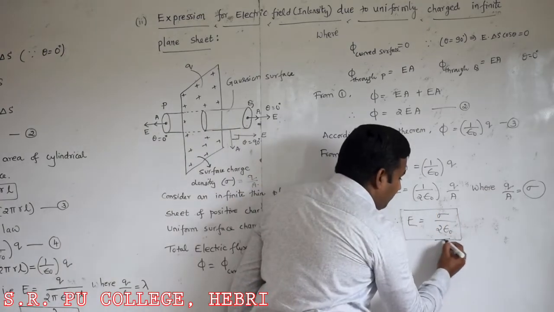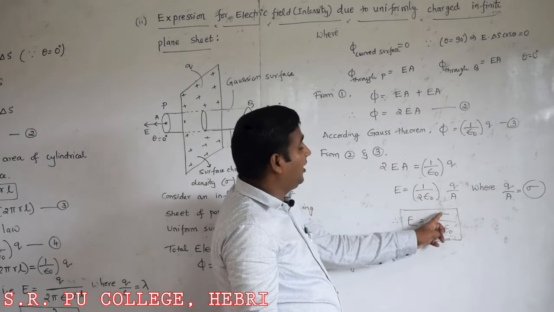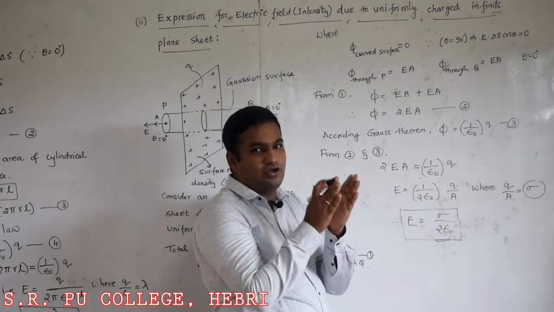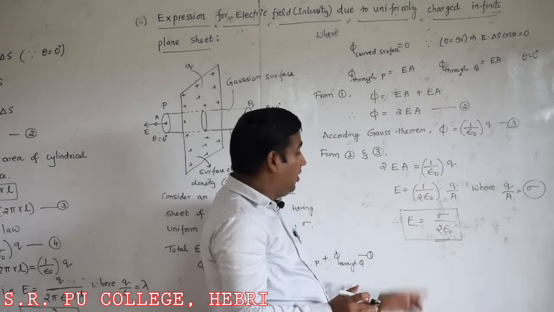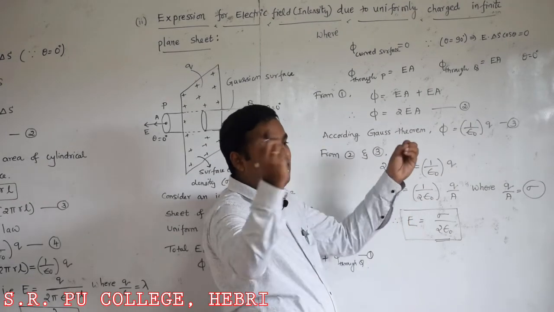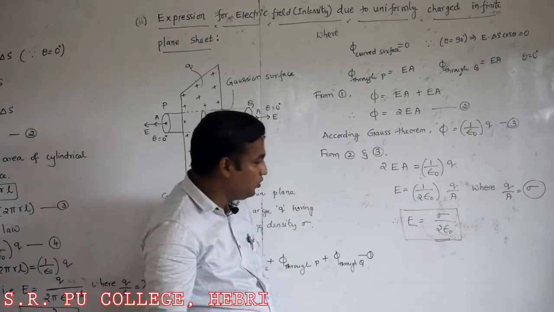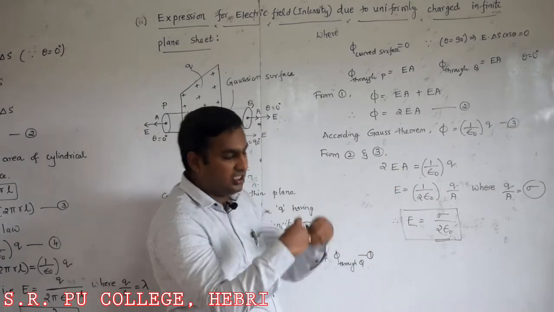It is the expression for electric field. Depending on sigma, if sigma is positive, the charge on the surface is positive, and the electric field is acting outward. If sigma is negative, the charge on the surface is negative, and the electric field is acting inward.